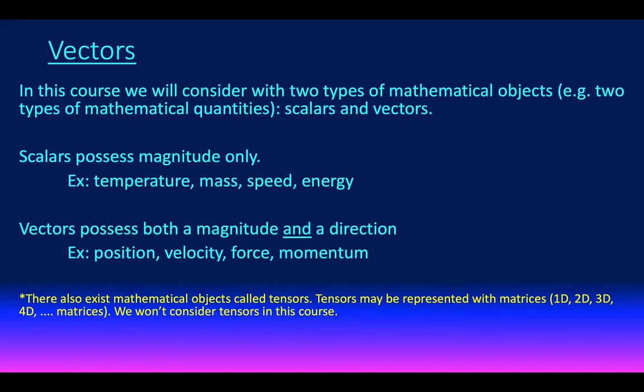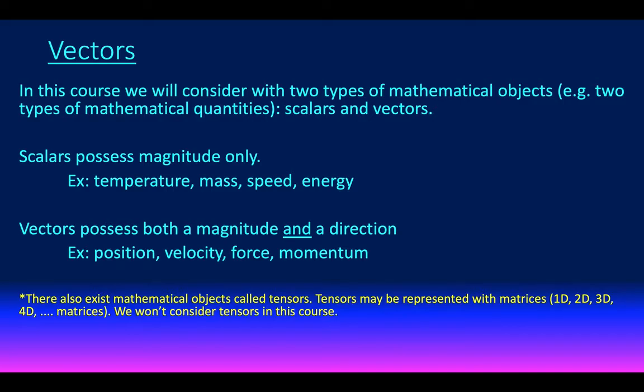Now, if you're curious, just out of sheer wanting to know more, there also exist these mathematical objects called tensors that are common in some upper level physics courses. The formal definition of a tensor is defined by the way it transforms when you look at it from one perspective versus another perspective.